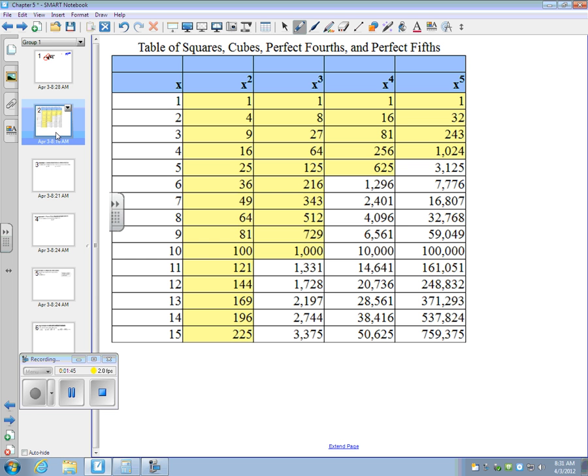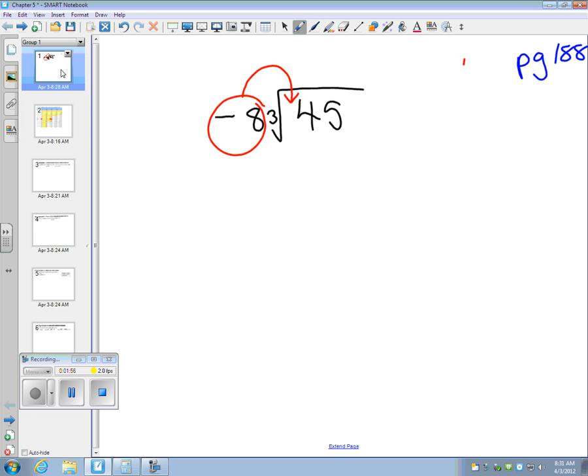So we're looking at the number 8 is outside, and it's cube root, so we're looking at cubes. And 8 cubed is 512. So in order to bring that 8 back in, we have to cube it. So it's 512. The cube root of 512, and we'll leave that negative sign out, is the same as 8, and then we have that multiplied by the cube root of 45. Now, because both of these have the same index, we can combine them.